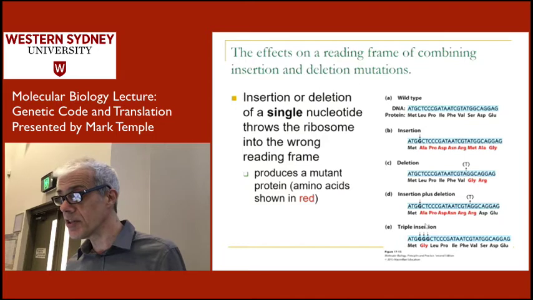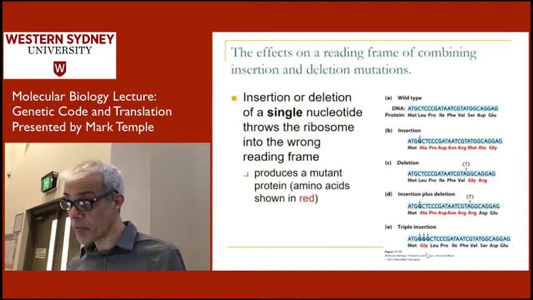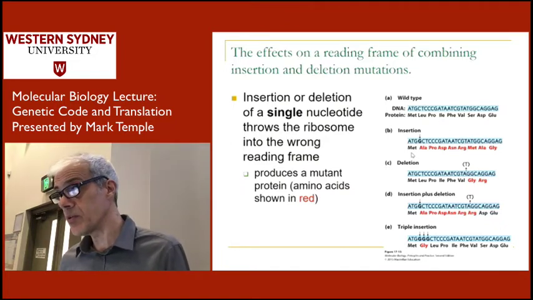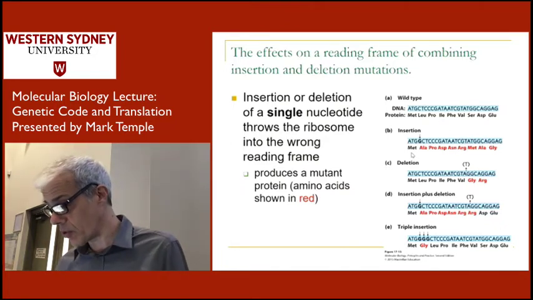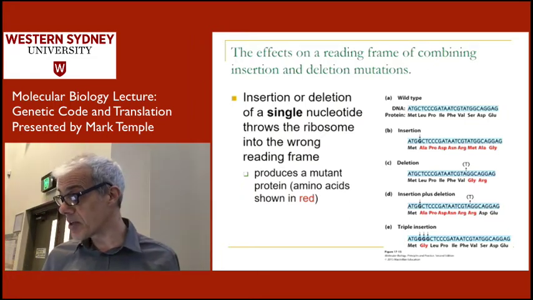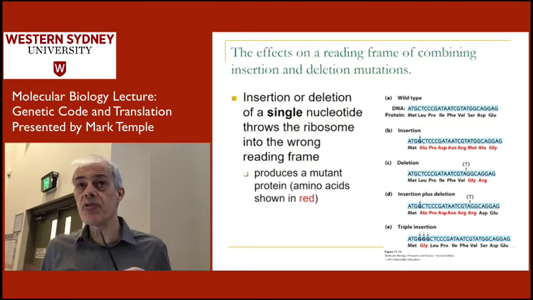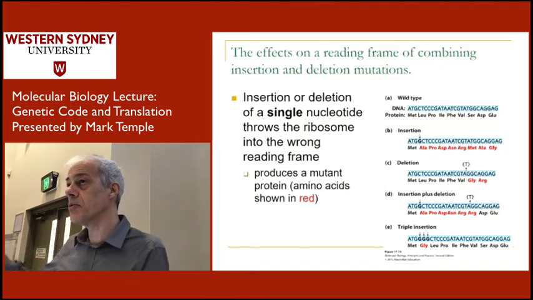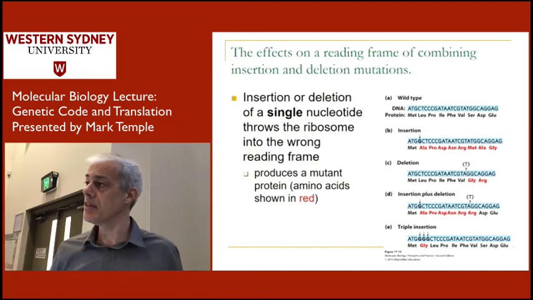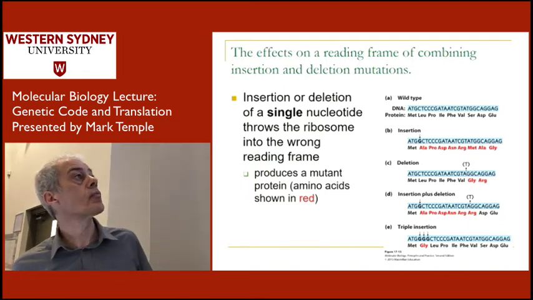And then they did a triple insertion, and that just inserted one amino acid residue. So once they did these experiments, it was beyond doubt that it was non-overlapping. There was no argument anymore. It was solved. Okay? So I know we always use mutational experiments to manipulate protein sequences so we can do all these studies. But in the early days, they did mutational studies to actually understand the process, the genetic code.